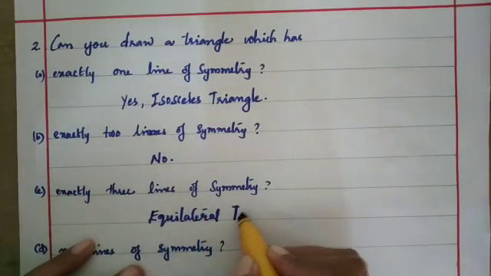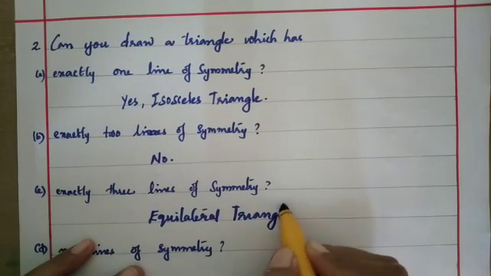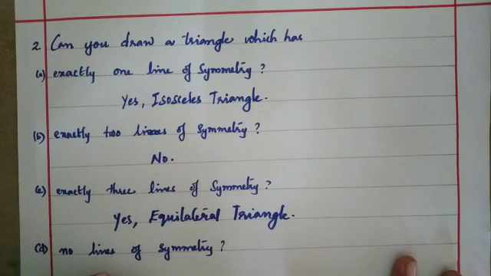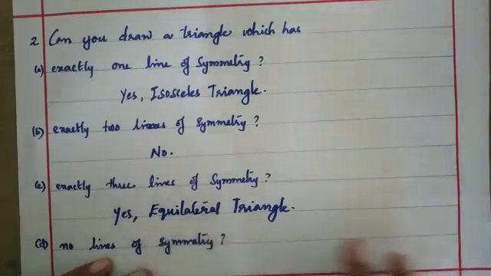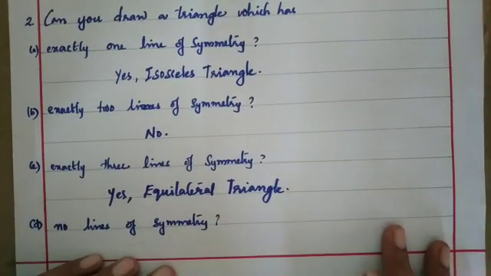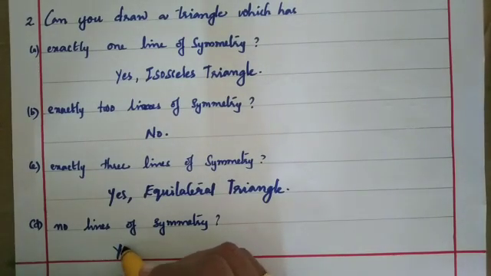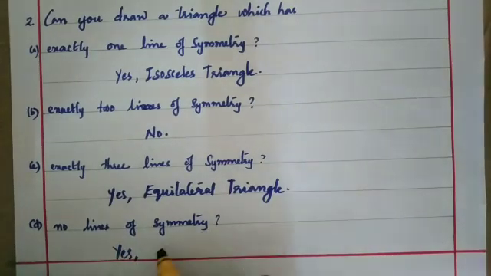Yes, you can draw a triangle whose name is the equilateral triangle. No lines of symmetry. Which triangle? All three sides are unequal. Yes, a scalene triangle.